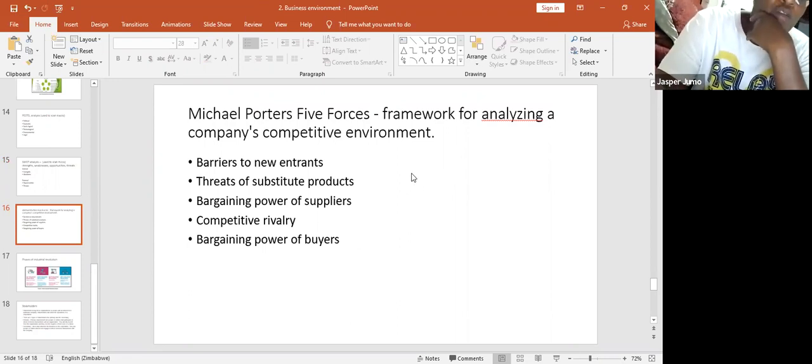So if you have a supermarket and there's ShopRite, there's Pick n Pay, there's YouSave, there are other supermarkets around you, you now want to analyze how competitive you are. You use what we call Michael Porter's 5 forces. Now, the first one is you look at the barriers to new entrants. You are saying, okay, I'm already competing against Pick n Pay and ShopRite, which are next to me.